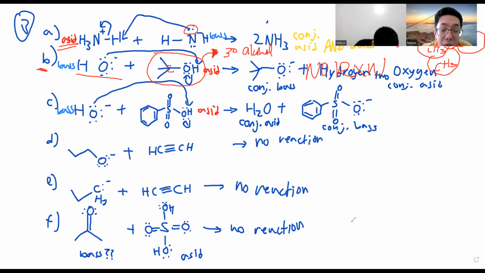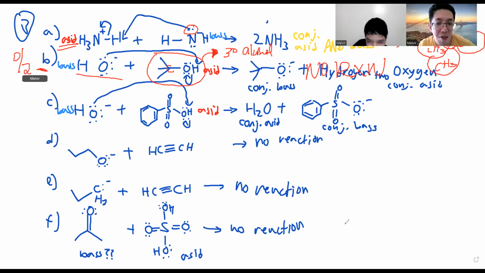Usually kasi mga tertiary alcohol, sobrang hinang acid talaga niyan, no? They're quite unreactive already, but it doesn't necessarily mean na wala na silang reactions. However, OH minus cannot actually remove hydrogen from your tertiary alcohols. So no reaction dapat. So sa letter B mo, 0 out of 2 ka.